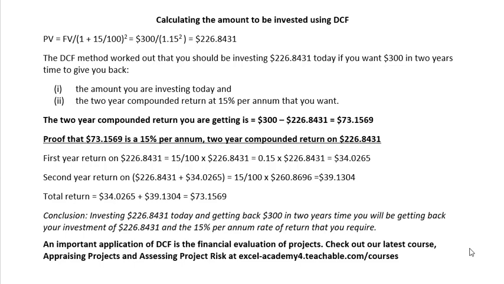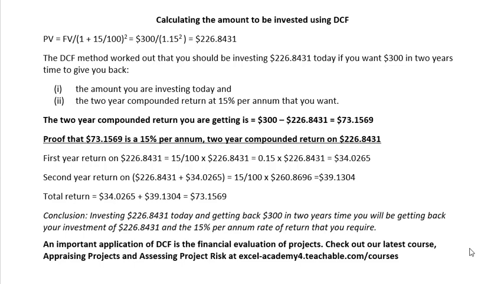To compute the second year return, we take 15% of $260.8696 and not 15% of the initial investment of $226.8431. $260.8696 includes the first year return of $34.0265.